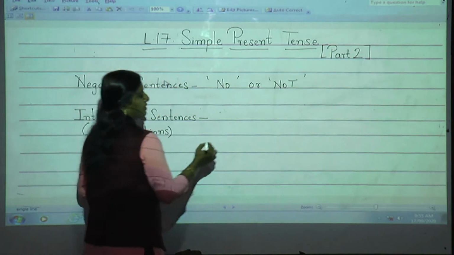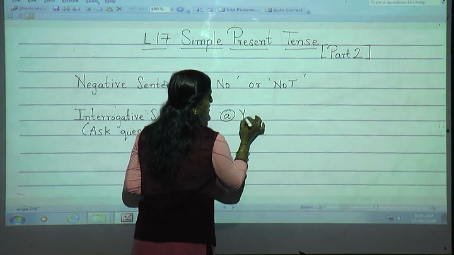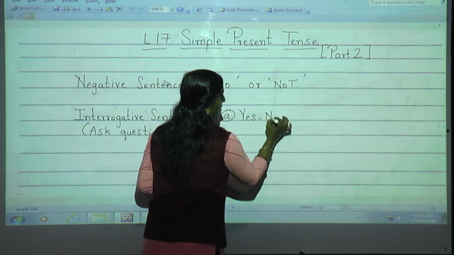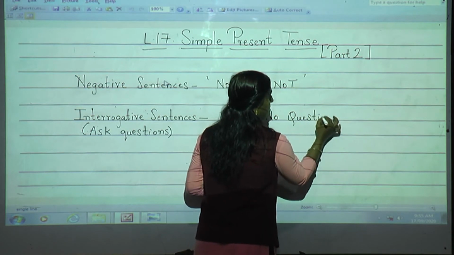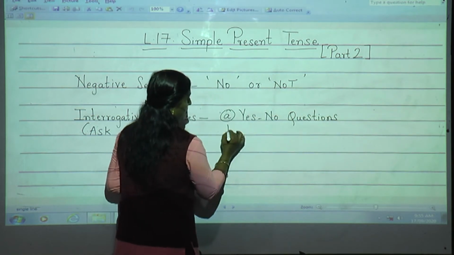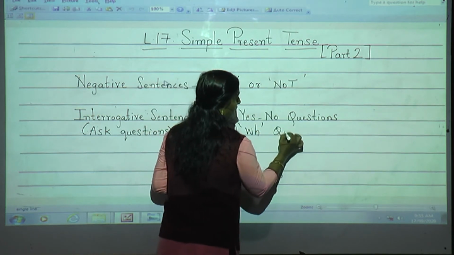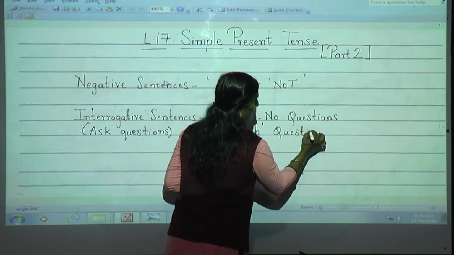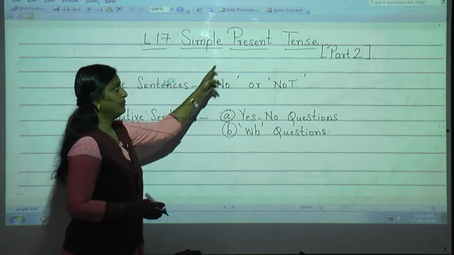In interrogative sentences we are going to see 2 parts, that is yes no questions and second is WH questions. Okay? So students, what are we going to learn today in part 2?